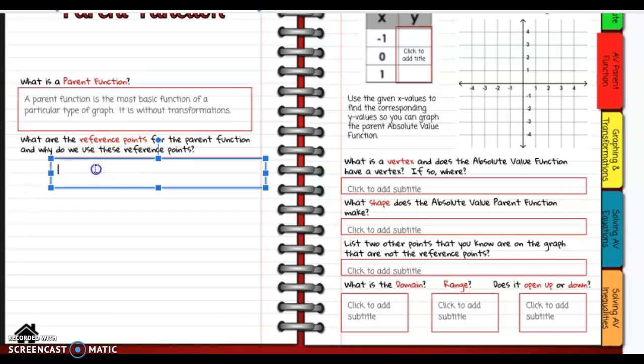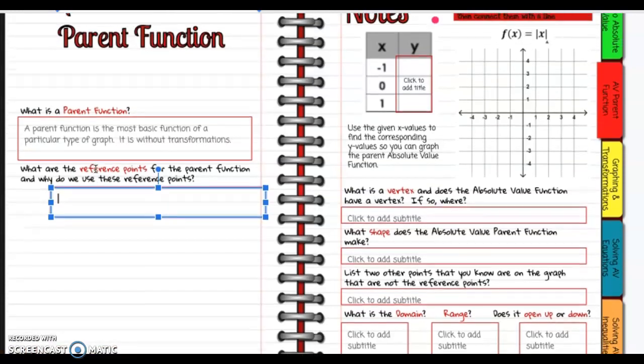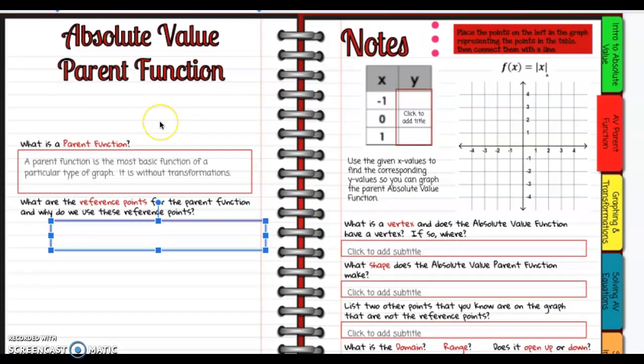So when we're talking about the absolute value parent function, what are the reference points for that function? The reference points are 3 to 4 points that you can graph to see the picture.